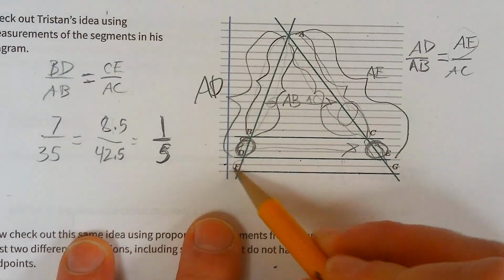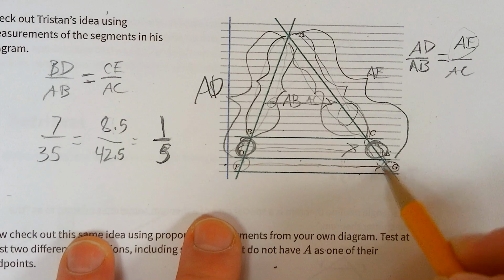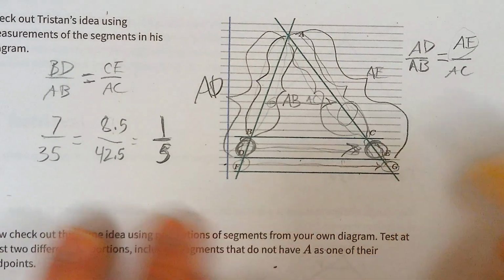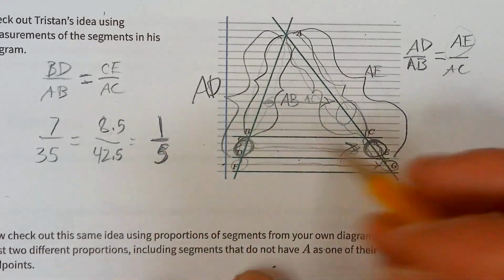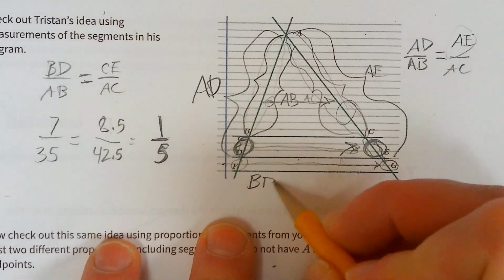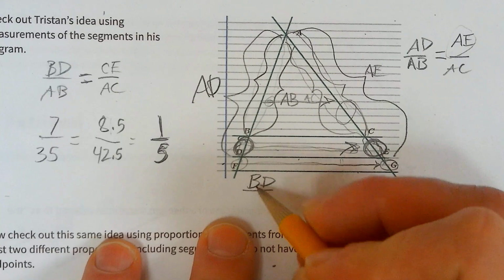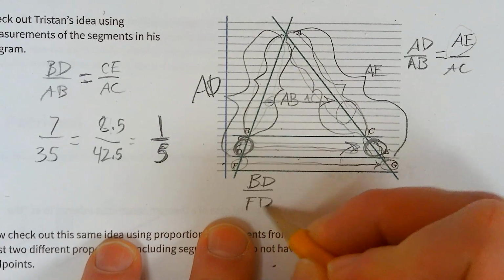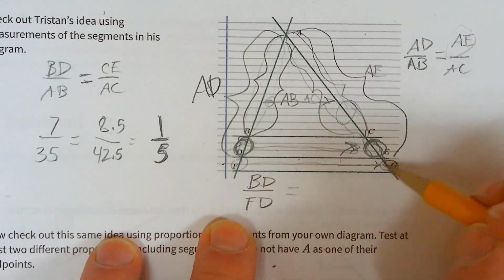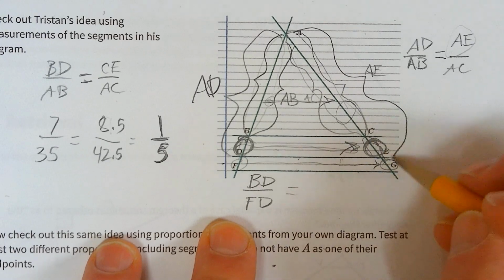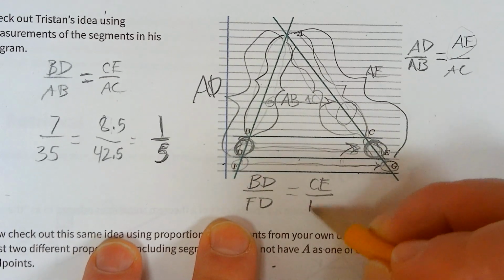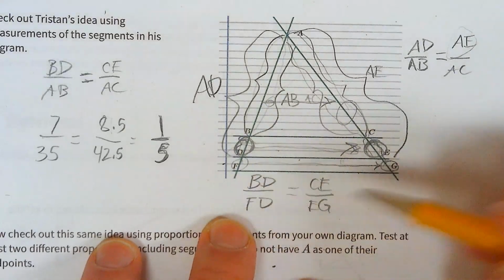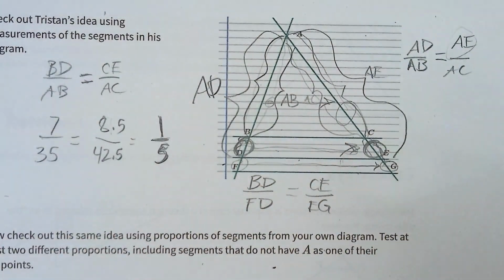I mean, you always need two comparisons to be proportional. So let me just write that last one: BD, that chunk, compared to FD, equals CE compared to EG. Nice.